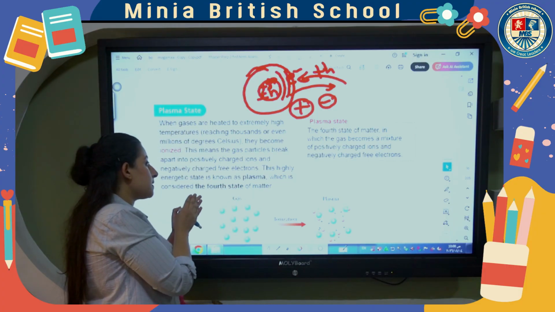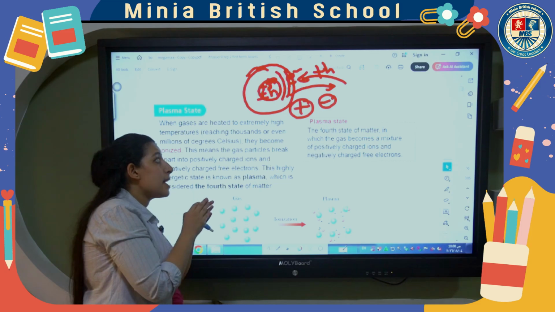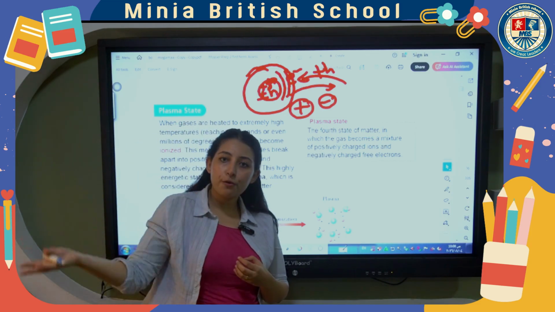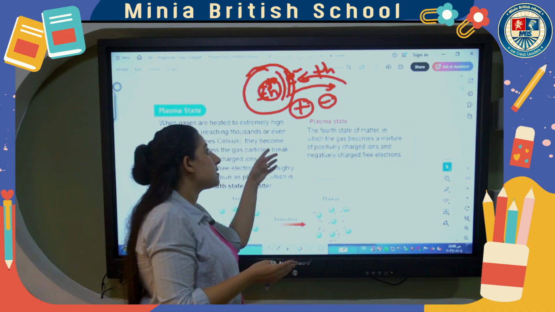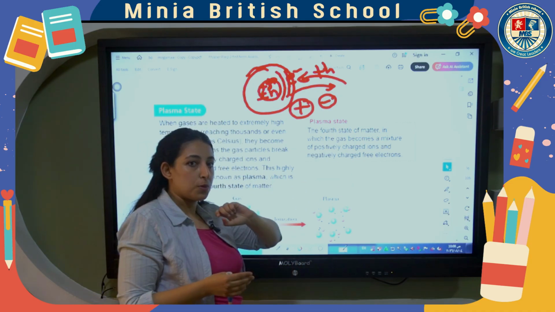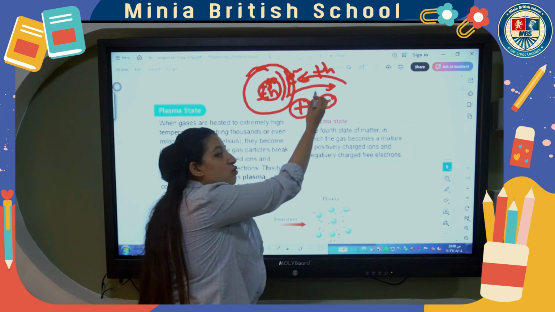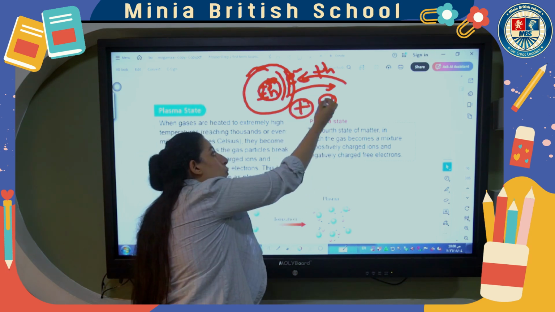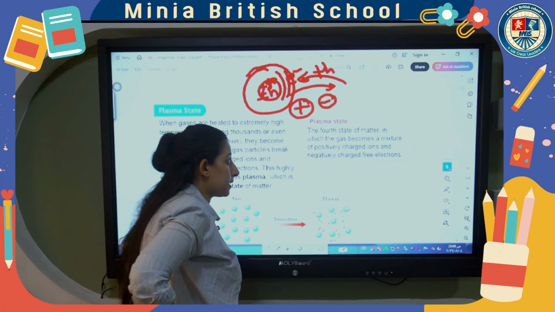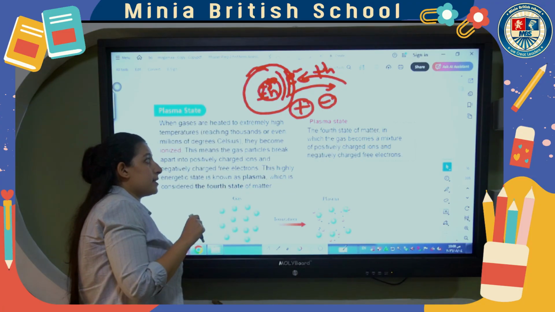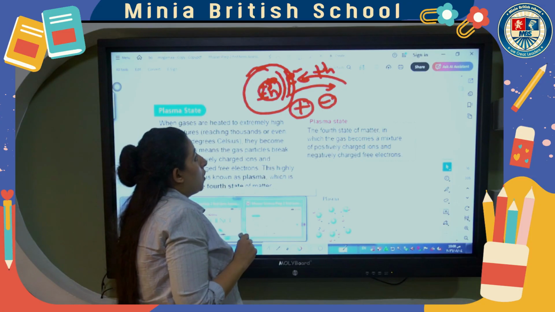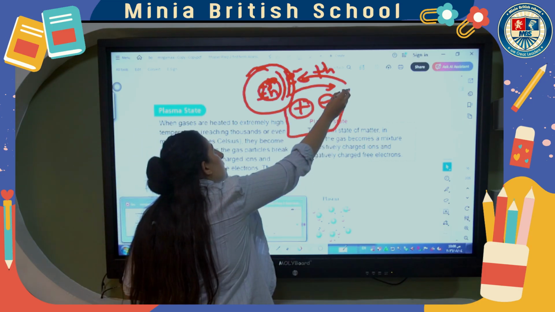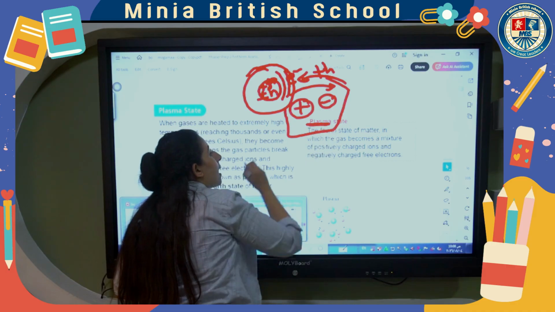The highly energetic state is known as plasma, which makes the electrons more free and surrounds the positive protons. So now we have a mixture of positive ions with negative electrons. This highly energetic state is known as plasma.